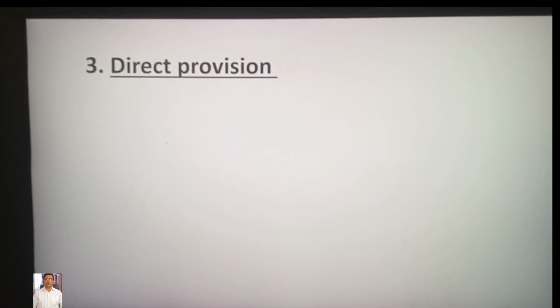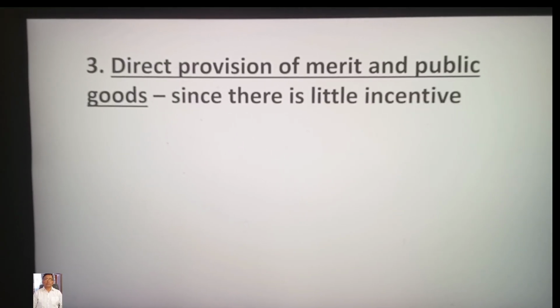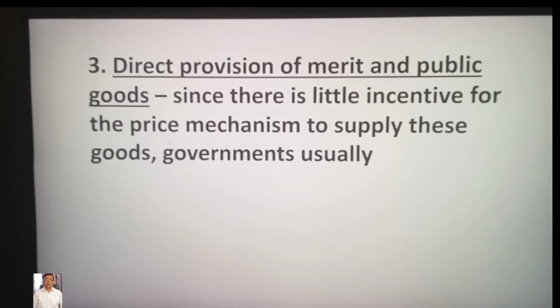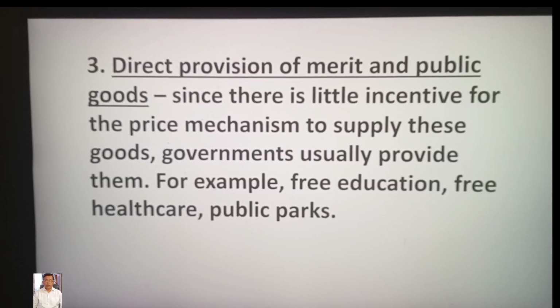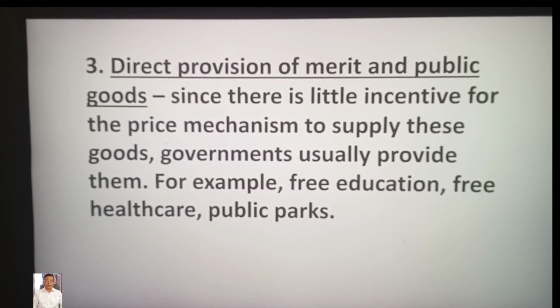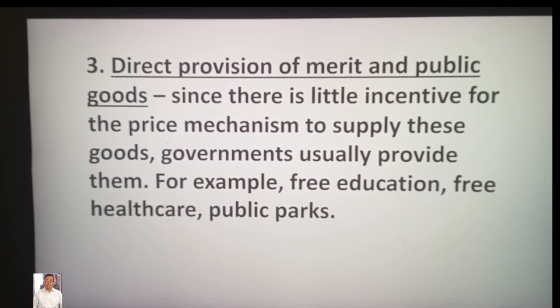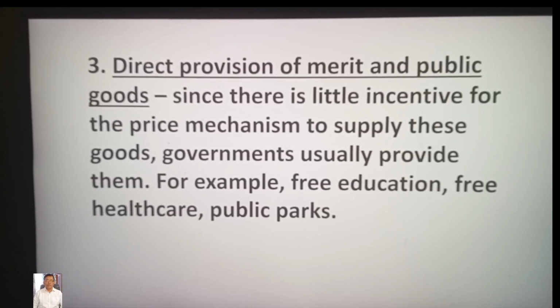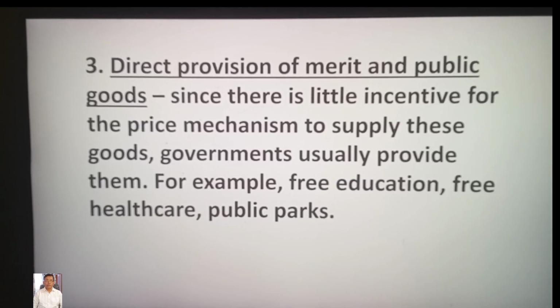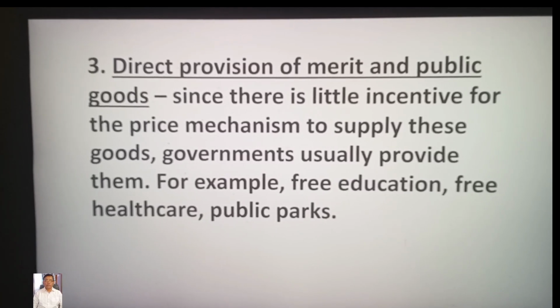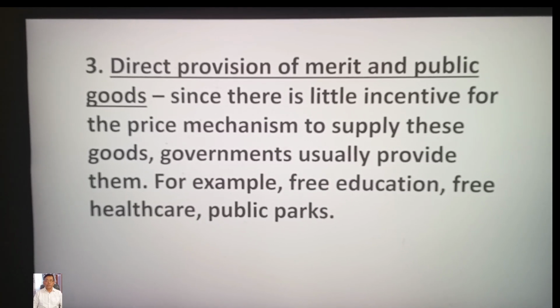Third, direct provision of merit and public goods. Since there is little incentive for the price mechanism to supply these goods, government usually provides them. For example, free education, free healthcare, public parks.